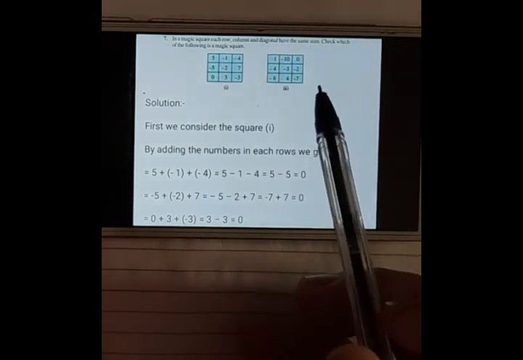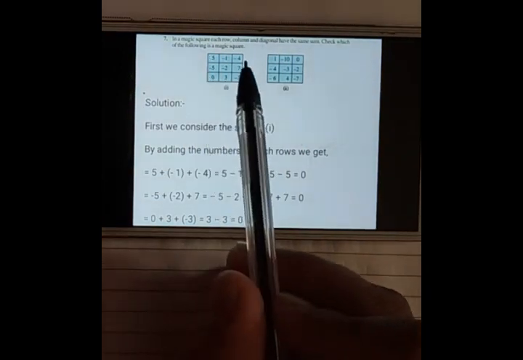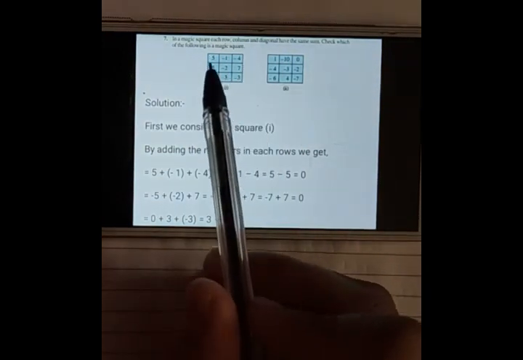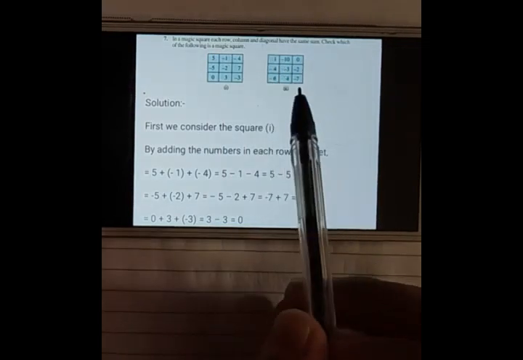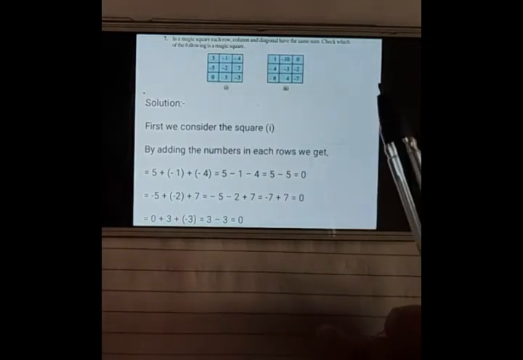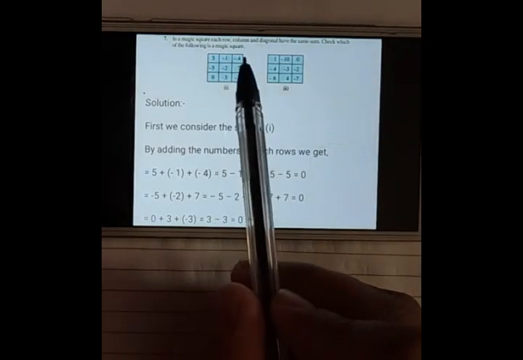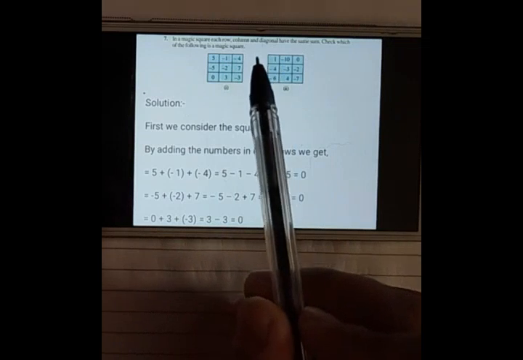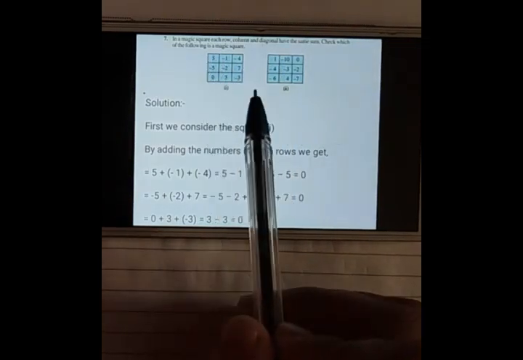Now you have to find each row, each column and each diagonal. Each row, column and diagonal will give the same sum, that is, if you are adding this and getting 0, or getting 2, everywhere in each column, each row and each diagonal you'll get 2 only.